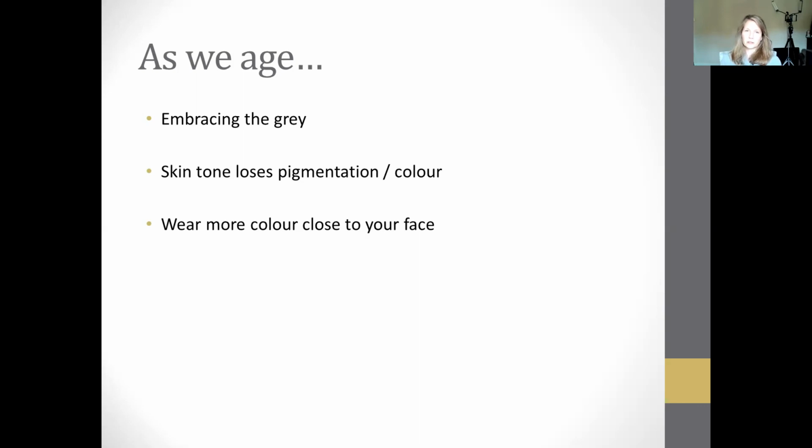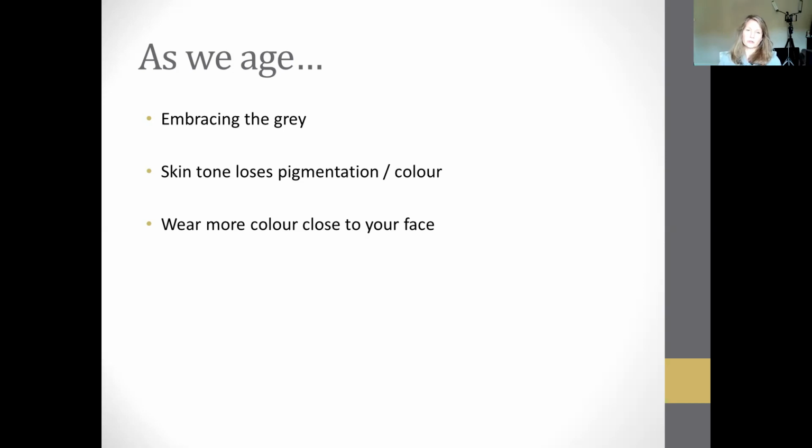And as we embrace the grey, obviously it would depend on the type of grey that your hair colour comes through. Some grey can be very vibrant, very bright, and other grey can be a lot more dull and a lot more muted in its tones.